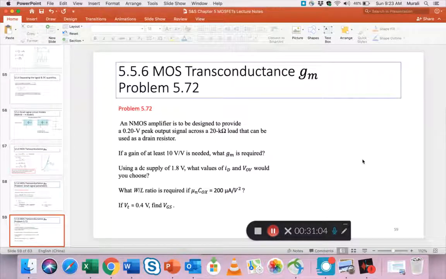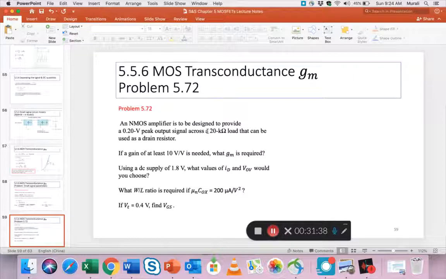So let's move on to slide 59, where we have a good problem, more complex, and this is from the back of the chapter. So let's read what it says. An NMOS amplifier is to be designed to provide a 0.2 volts peak output signal across a 20 kilo ohm load, which is also the drain resistor. Okay, so we have a classic NMOS circuit with a drain, and I didn't copy it here, but you can visualize the circuit, right?